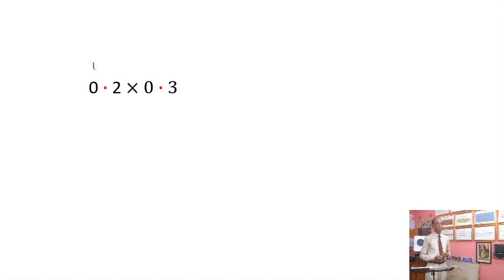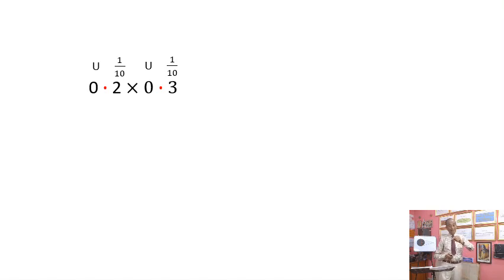Now 0.2, let us consider that number first. 0 is in units place, whereas 2 is in 1/10 place. Correct? And how about 0.3? In 0.3, 0 is in the units place, whereas 3 is in the 1/10 place.